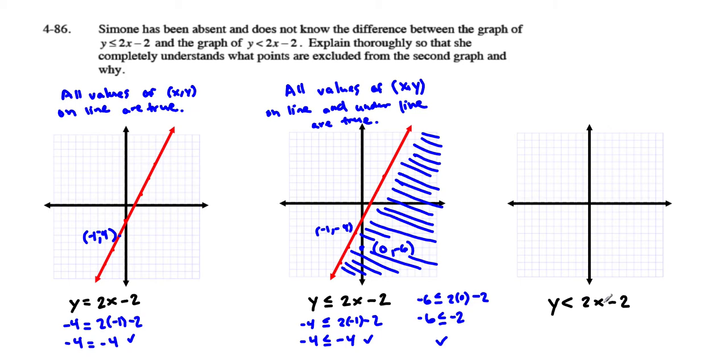We have y is less than 2x minus 2. So I'm going to do that here. We've got our y-intercept, then back down 2. So it's the exact same graph in terms of the points that we're looking at.